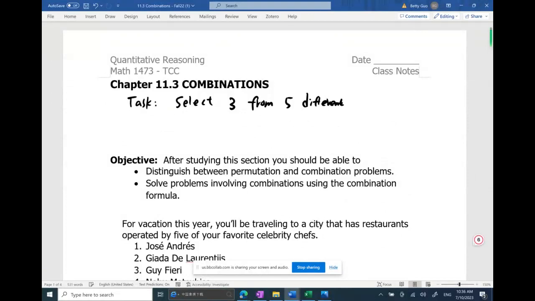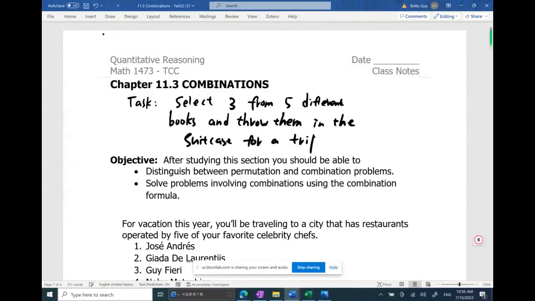Yeah, I use 3 out of 5 just for convenience. Books, and throw them in the suitcase for a trip. That's your task, okay? You are not making an ordered arrangement.